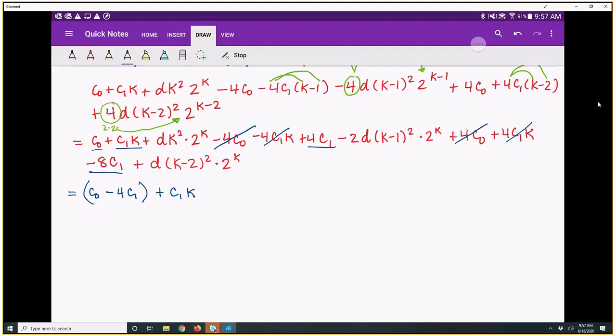And my other three terms involve d times 2 to the power k. So I'm going to say d times 2 to the power k, and then start a parenthesis. I have k squared. Then I have minus 2 times (k minus 1) squared.